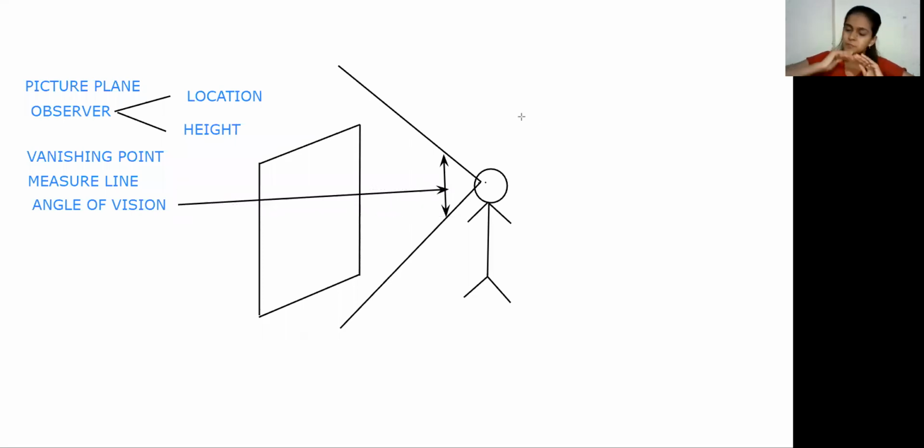The angle between the top and bottom line is known as the angle of vision or the cone of vision, because it is forming like a cone, a cubical cone we can say. I'm erasing it for now.